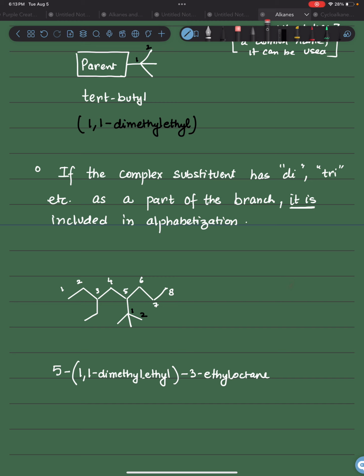So here you have at the third carbon an ethyl, that is from the parent chain. But the complex substituent is the one connected to the 5th carbon. So 5-(1,1-dimethylethyl)-3-ethyloctane.